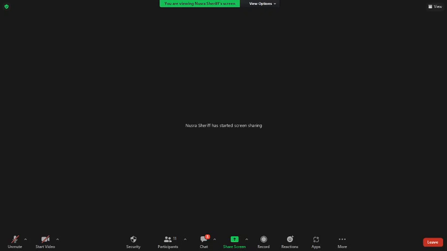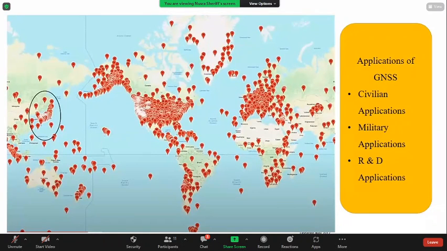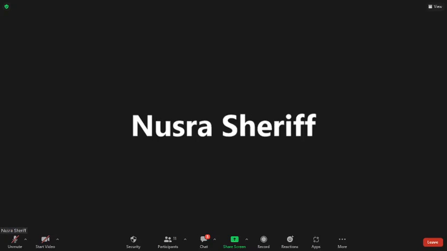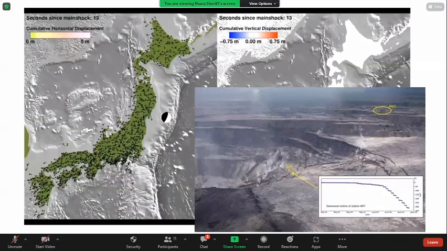So these are the active GPS stations, and you can see that in Japan there are a lot of stations, and so the picture shows how the volcano location is located.